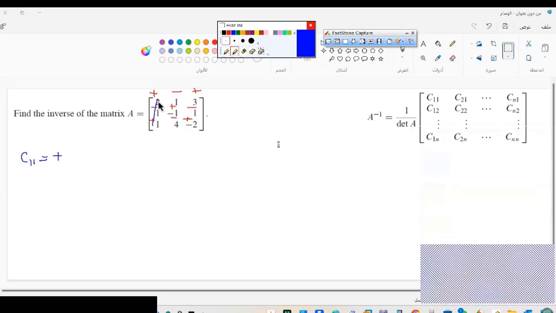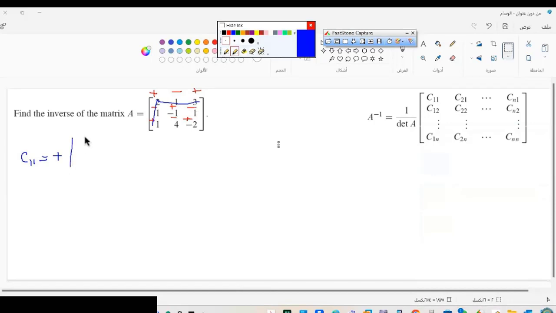Now cancel this: minus 1, 1, 4, minus 2. Positive 2, minus 4, it is minus 2. Is it clear? Now, cancel, take this off. C12: cancel this, cancel this.